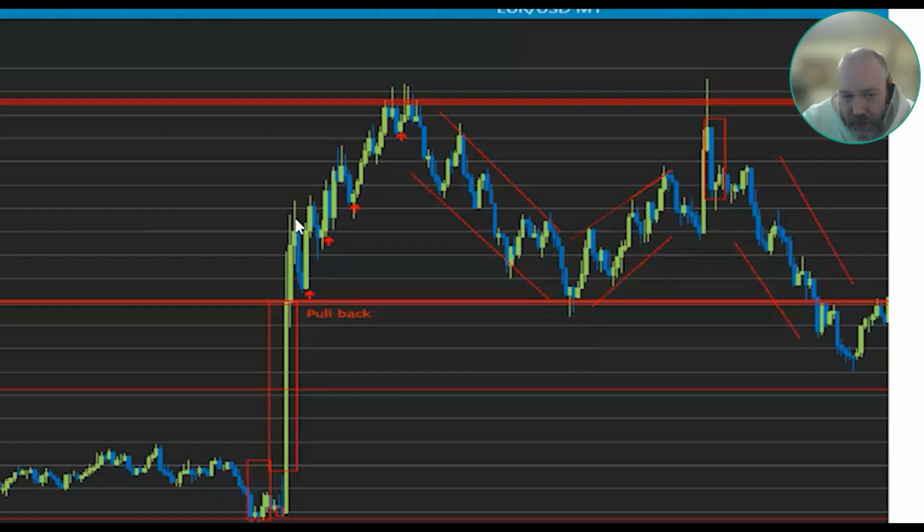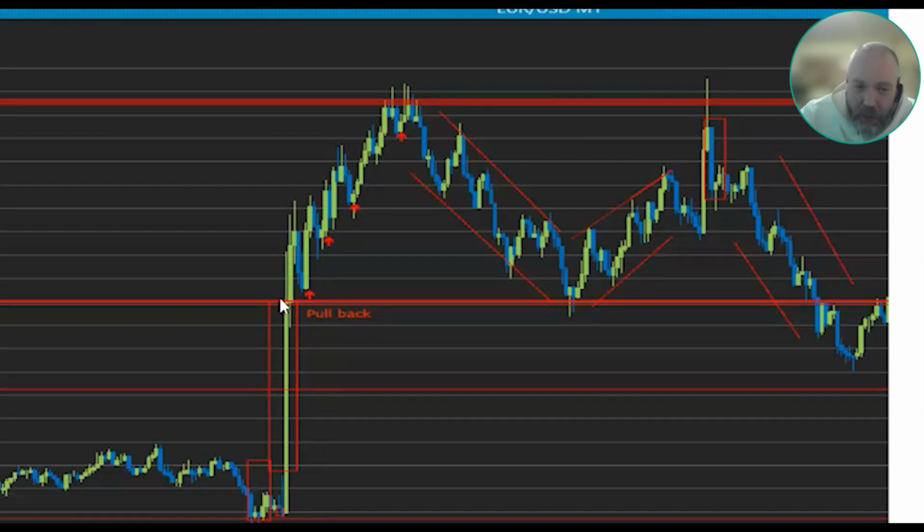Because of this first test, if I was already on the long, like if I had recognized this area down here, because you can start to see a little bit of evidence that you might have this move to the long side. You've got this 3-bar reversal, a little bit of an engulfing candle there, smaller candles to the short side, and you're also at that major support or action point or low.